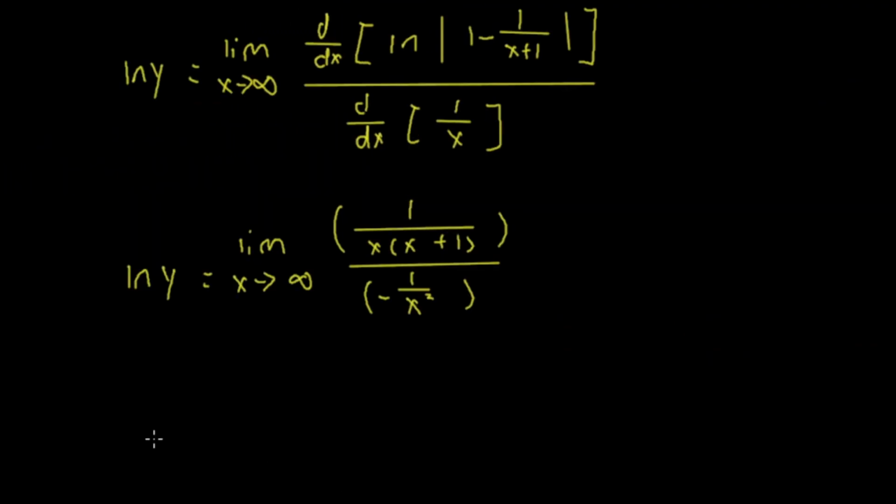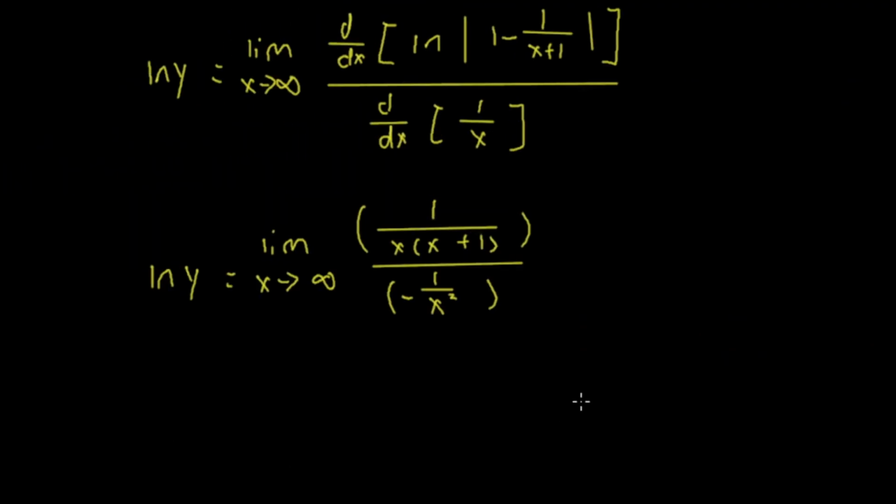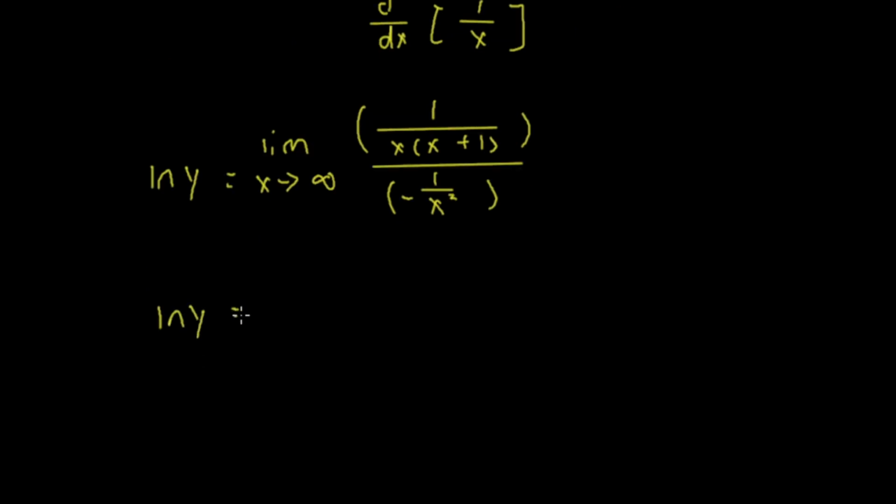Now, dividing by negative 1 over x squared is the same as multiplying by negative x squared, right? It's the same as this. And one of the x here will cancel out with the x here. Then we have only this left.